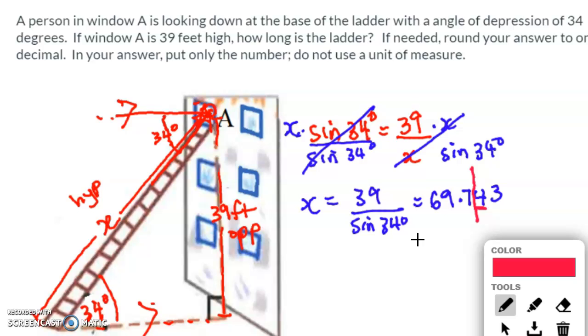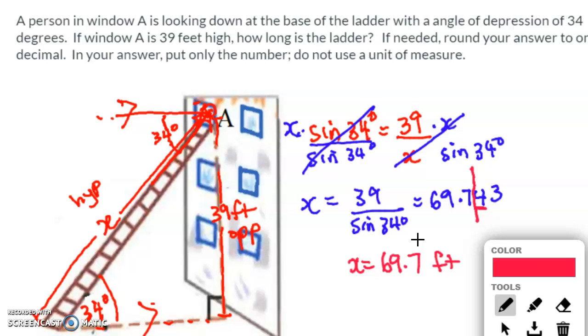Remember, 4 or less means we leave this as it is. We need to round down. We do not round up. So that means x is going to be 69.7 feet. Okay, so the correct answer for this problem is 69.7 feet.